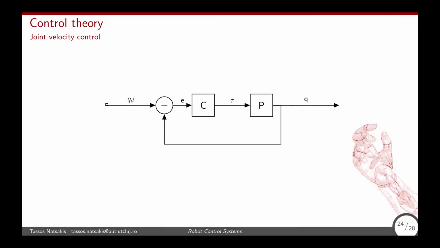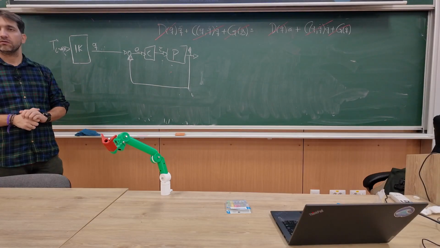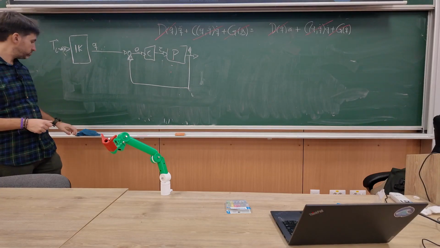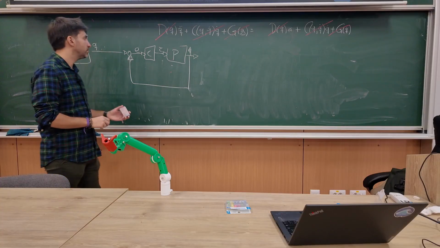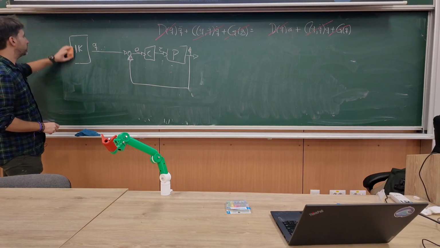What if I want to control joint velocity? How do I convert a joint position controller to a joint velocity controller? How? Sorry? Can we add a derivative block? A derivative block for?